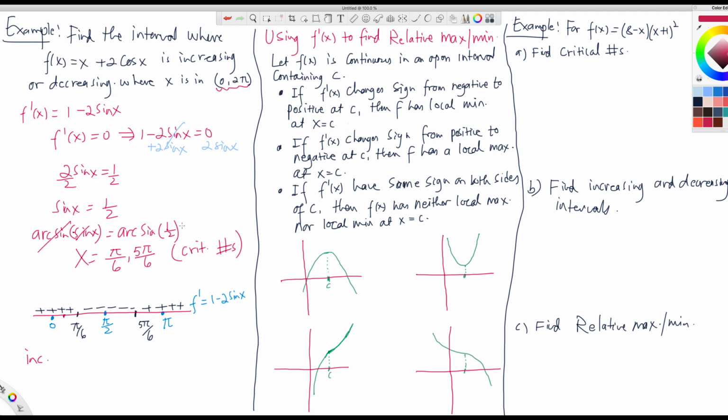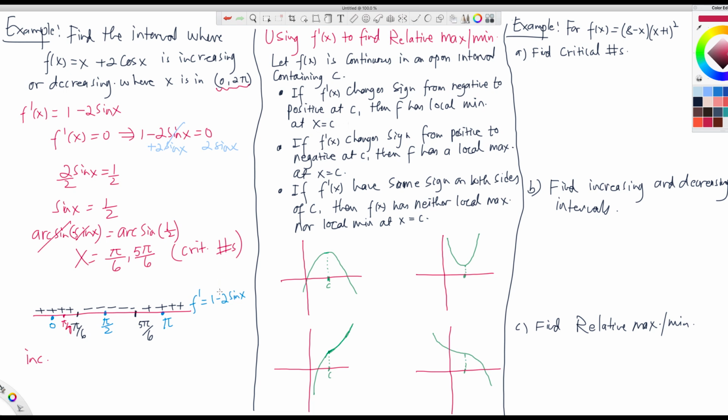So 0 may not be a very good value, but you will get the same answer, no worries. But 0 is not a perfect value to take as a test number. What is a number bigger than 0 and less than pi over 6? You can take pi over 7 as a test number.